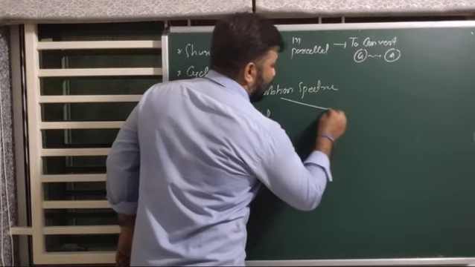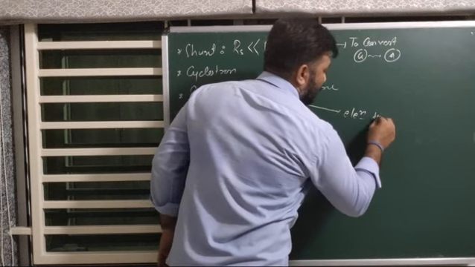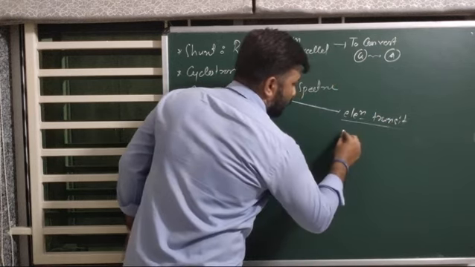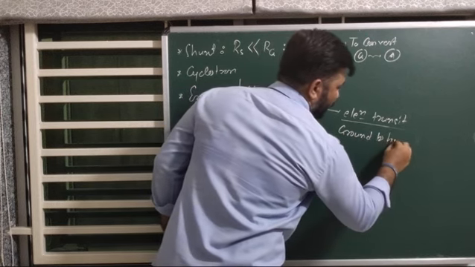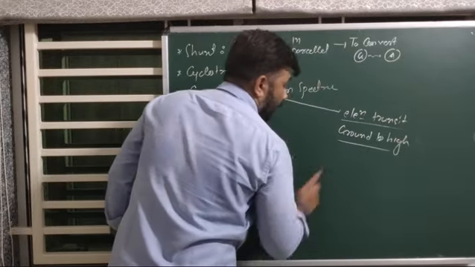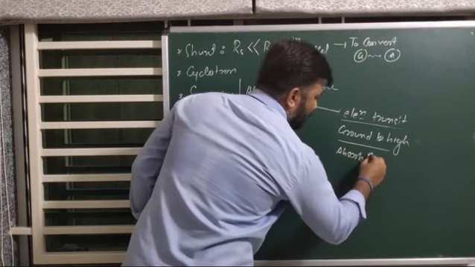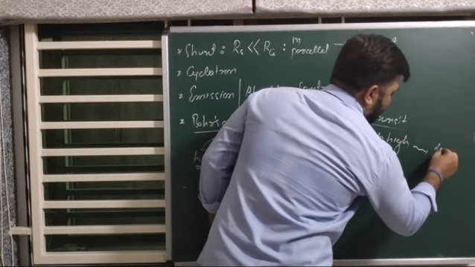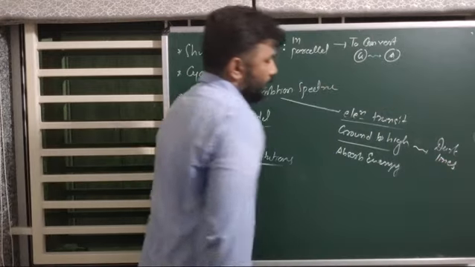So in absorption spectra, you have to think about only this: electron transits from ground to high energy level. Because of that it absorbs energy and you will get dark lines, right?